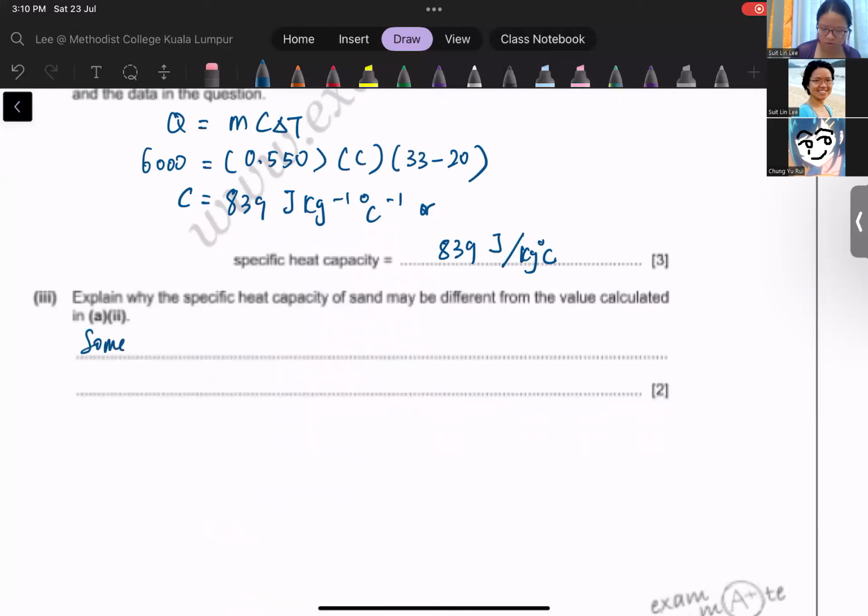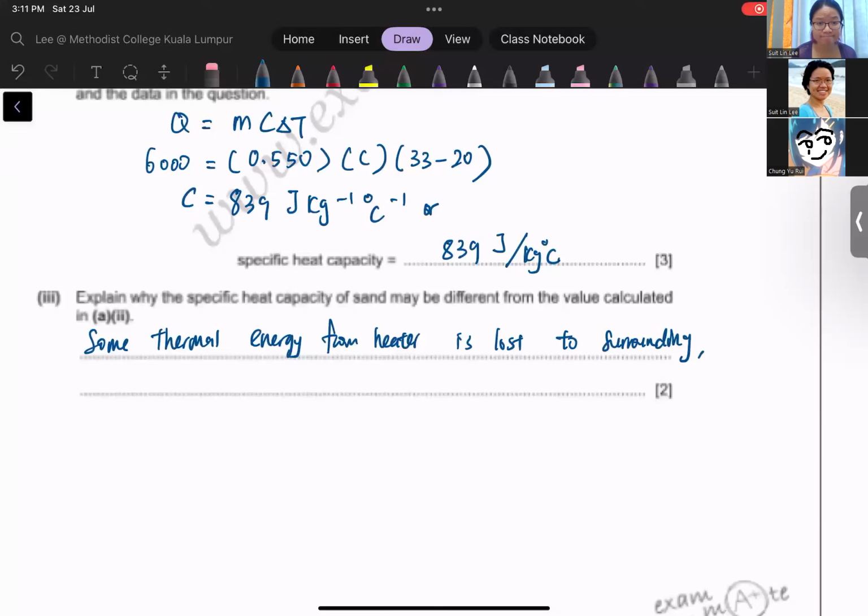So some of the thermal energy from the heater has escaped, is lost to surrounding. So if let's say I take all the energy that is lost to surrounding, I rewind and put it back inside the sand, the temperature increase of the sand should be bigger, right?